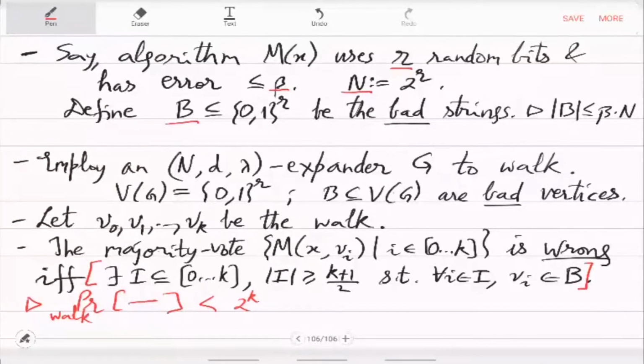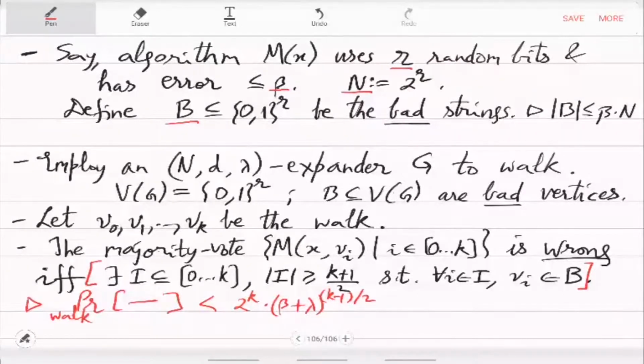And once you have fixed I, you use the theorem that we just proved, that is (beta plus lambda) to the (k+1)/2 minus 1. So you get (k-1)/2.